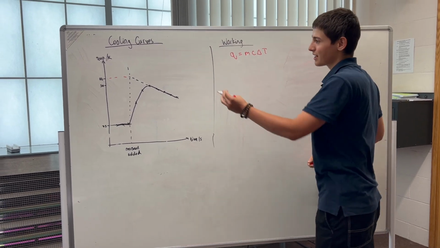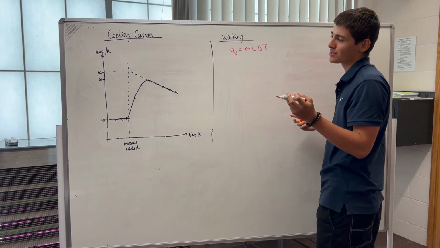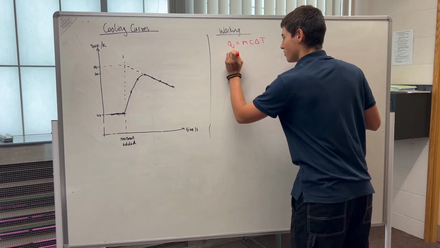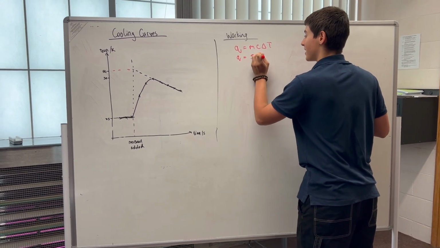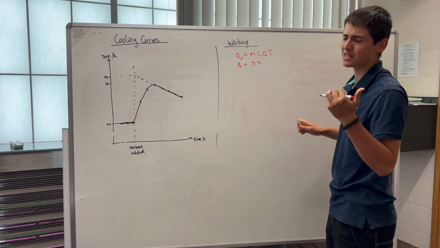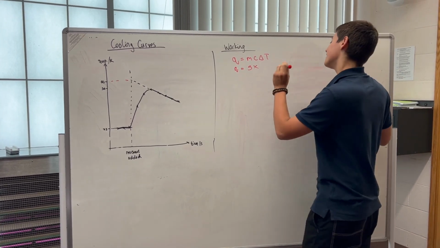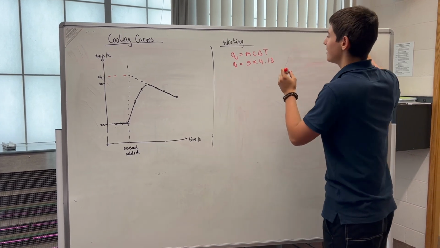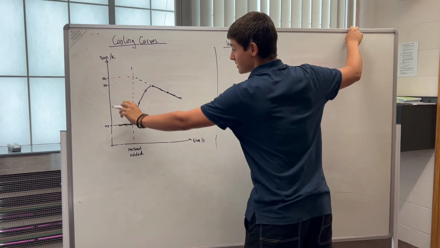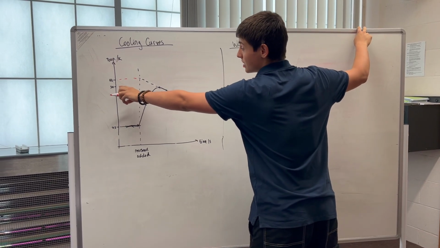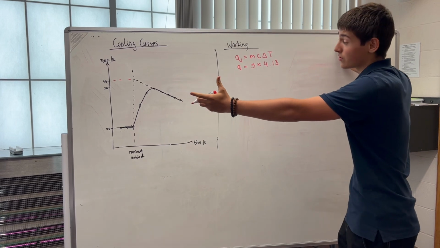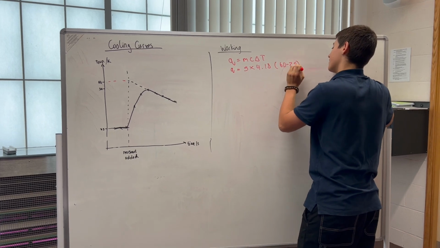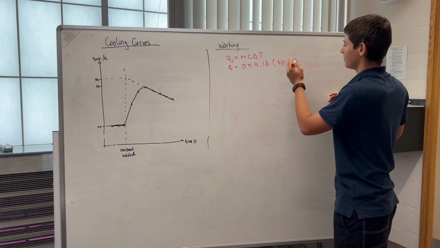Let's say we have a sample of 5 grams. Q is equal to 5 times 4.18, which is the specific heat capacity we usually use as our assumption, times the temperature change from 25 degrees to what would have been 50 degrees, which we are estimating is actually 60 degrees. So 60 minus 25 is 35.